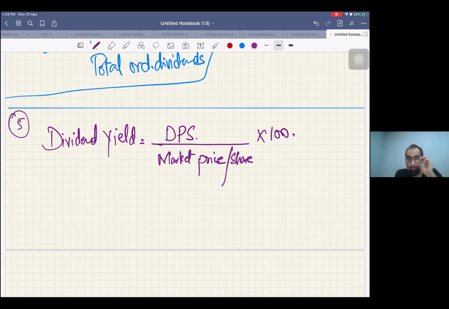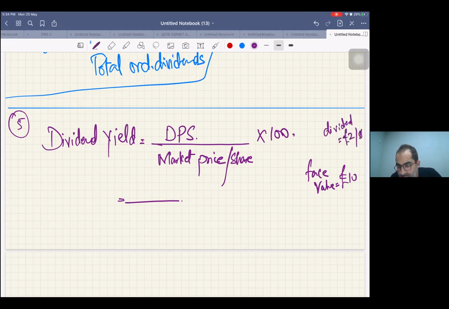Now hold on. Let us say the face value of one share, given by law, is 10 pounds, and the company is giving a dividend of 2 pounds per share.